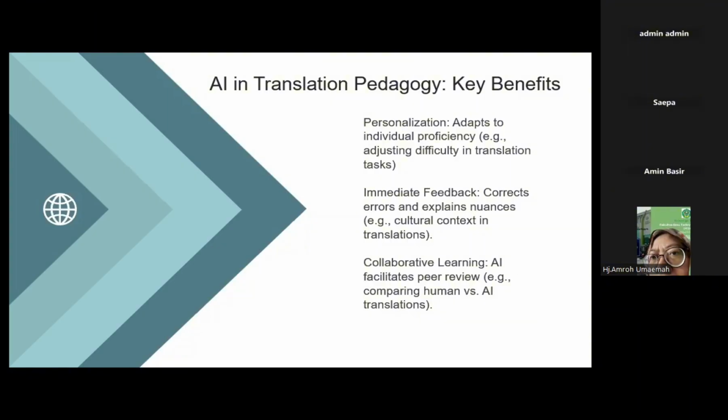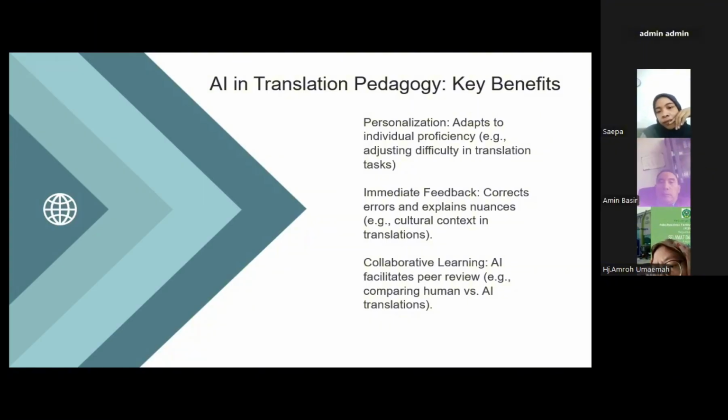But if we're talking about this building is made of concrete wall, it means bangunan ini terdiri dari dinding beton. So concrete can mean beton and also nyata. To know that, you have to understand the context.